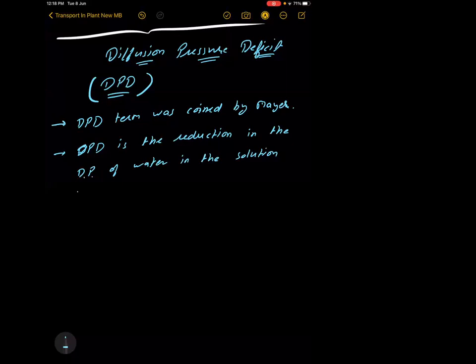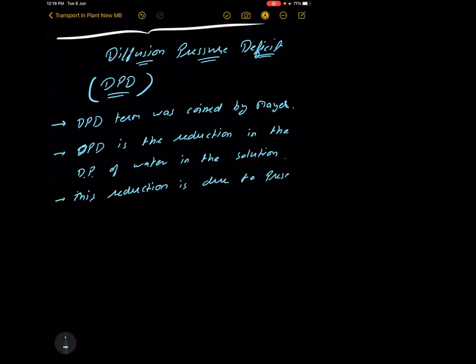It is called DPD. This reduction is due to the presence of solute or different solutes in the solution.